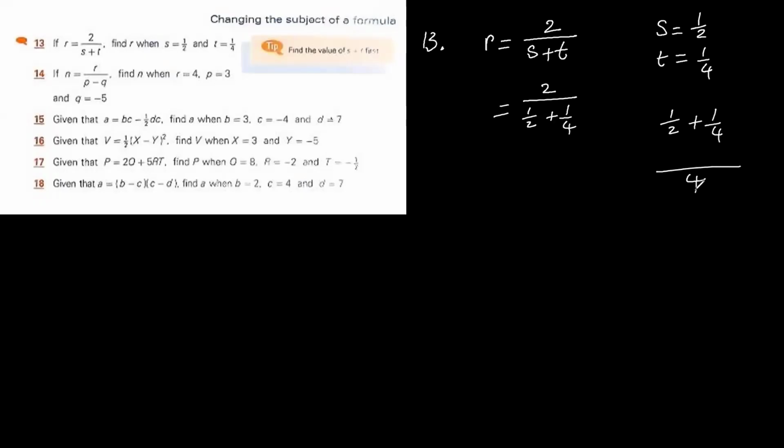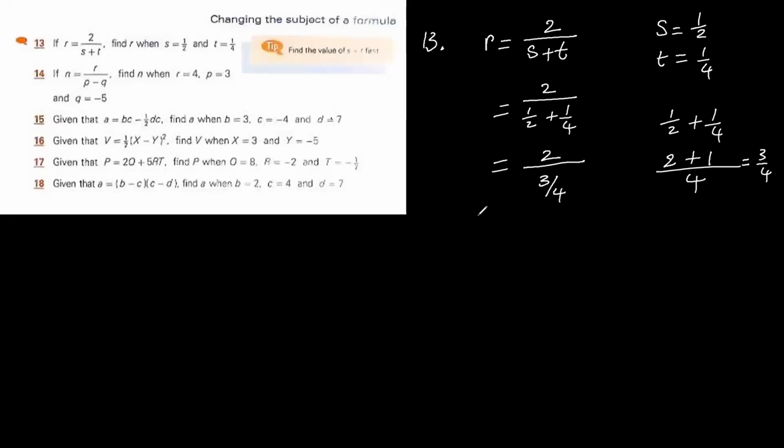So 2 into 4, 2, 2 times 1; 4 into 4, 1, 1 times 1 is 1. That gives me 3/4. So now it is 2 divided by 3/4.